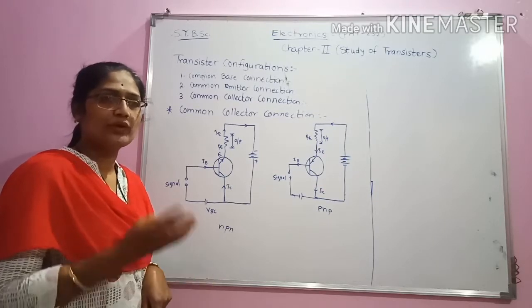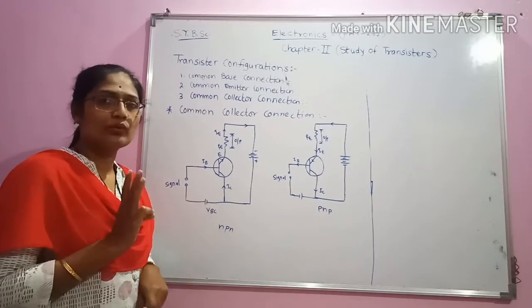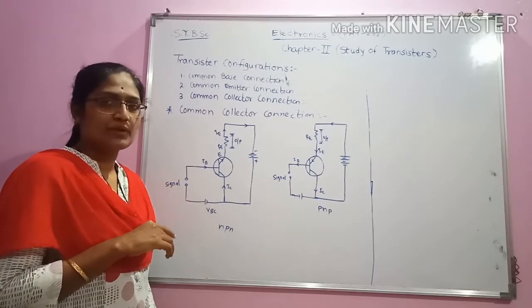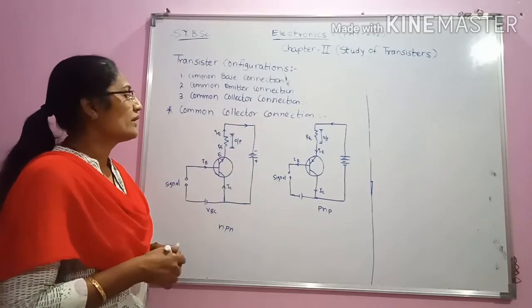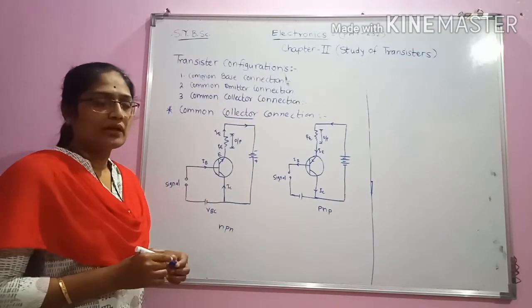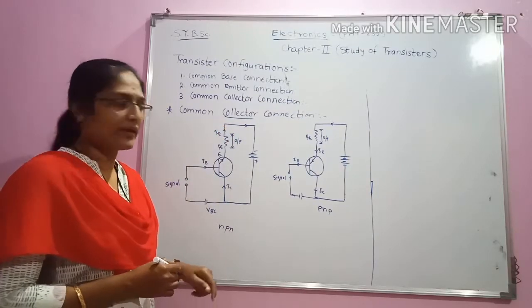It means that we are in need of four terminals, but our transistor has only three terminals, and hence we are making one of its terminals common, and in case of common collector connection, that common terminal is nothing but the collector, and hence it is called common collector connection.